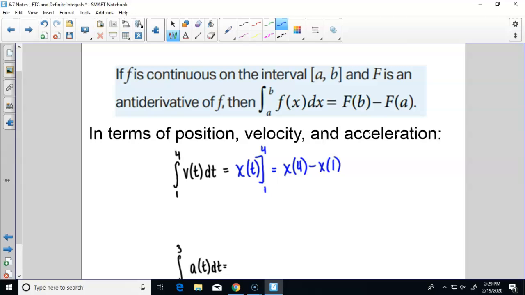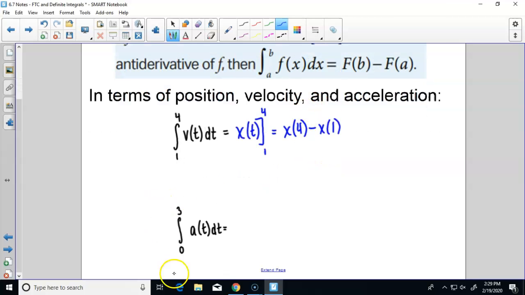Okay, if we look at the next one, I have the acceleration, and I'm integrating from 0 to 3. So Harper, whenever I integrate acceleration, which function will I get? Velocity. So I would get the velocity evaluated from 0 to 3.